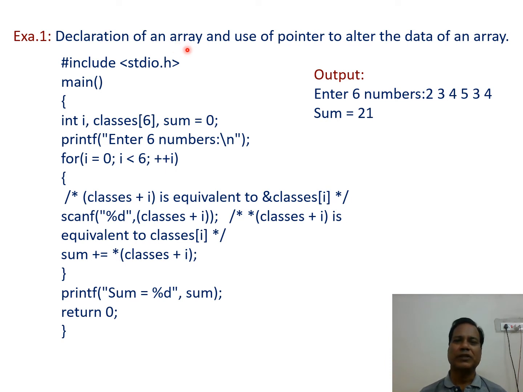So using this array name as a pointer variable, we discussed how it can be used to store the data as well as to point out the elements of the data, whereby we got the sum.